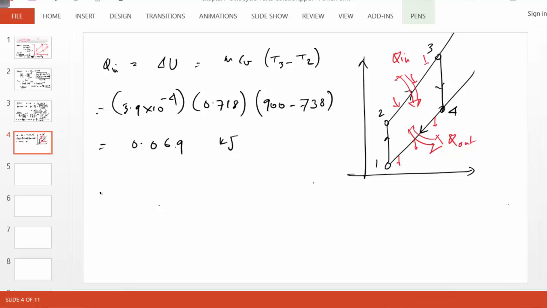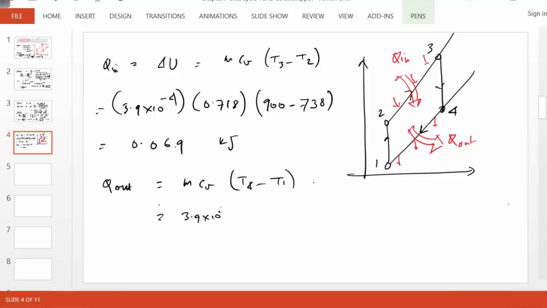Likewise, we can find Q out. Q out will be, again, the higher minus the smaller one. mCv, T4 is higher than T1. These are all positive numbers. So heat transfer in a closed process at constant volume, there is no work, therefore the formula becomes really simple.